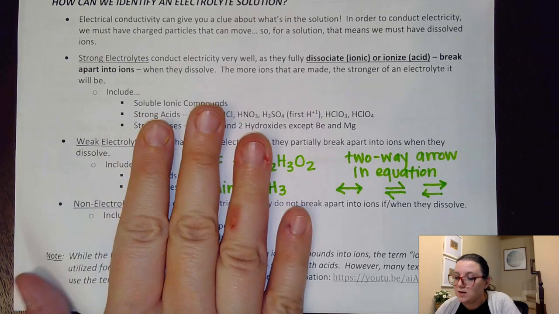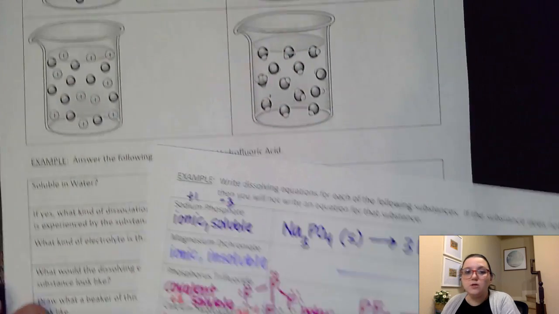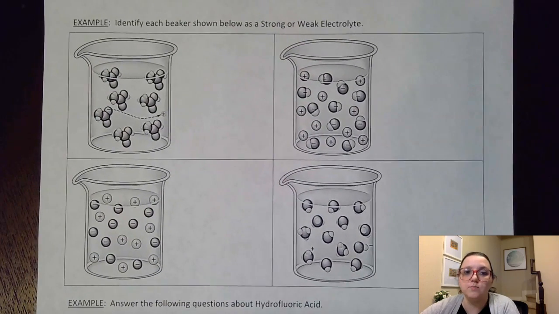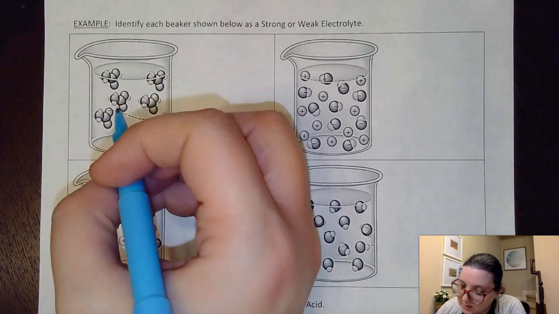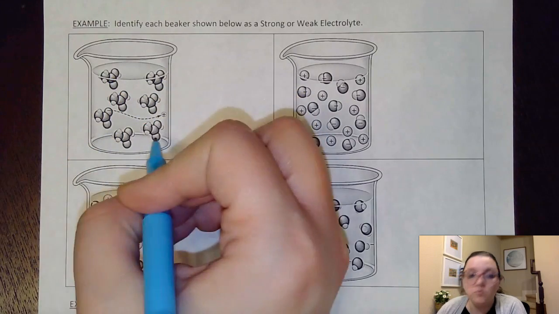All right, let's flip to the next page and look at some particle diagrams. It wants us to identify each beaker as being a strong or weak electrolyte. The best way to pick this out is to look at how many ions I formed. In this first picture, most of these molecules have no charge at all.